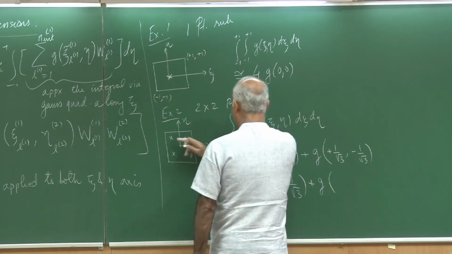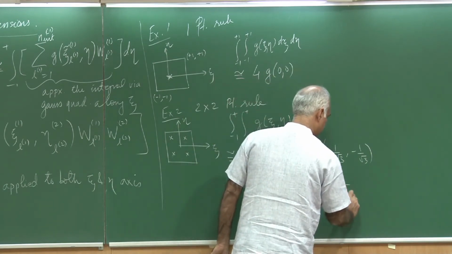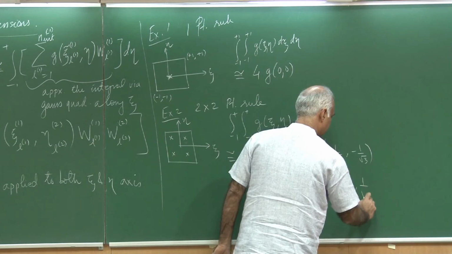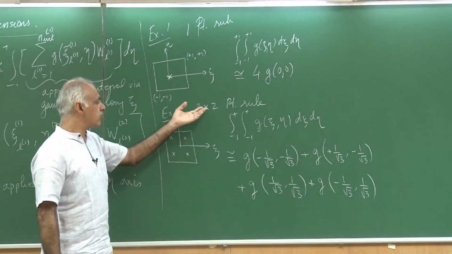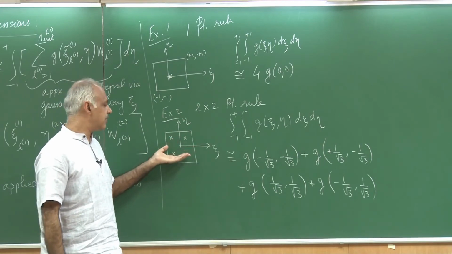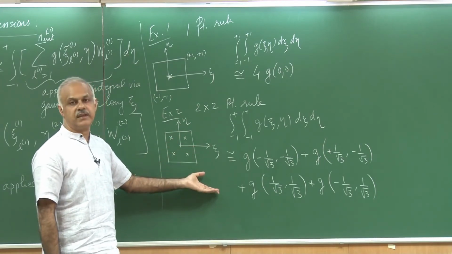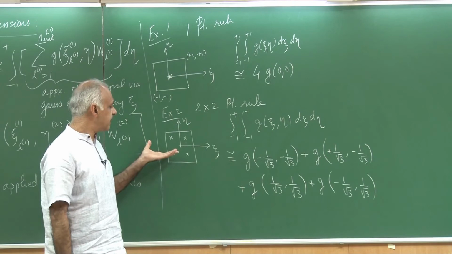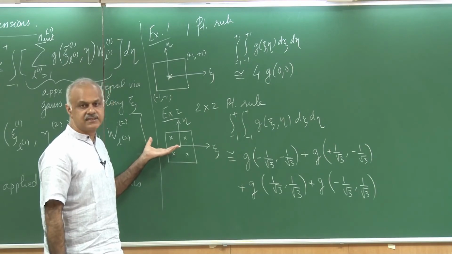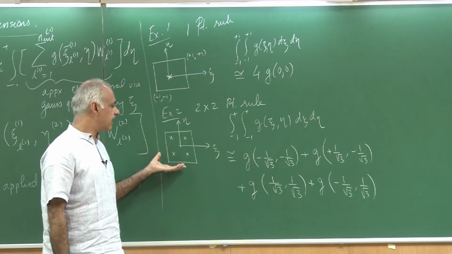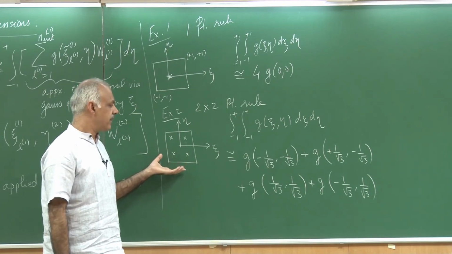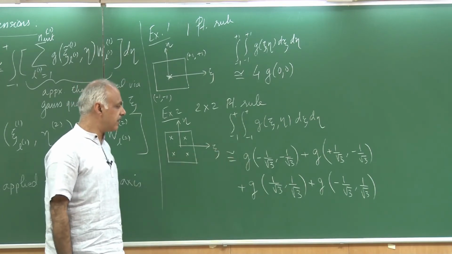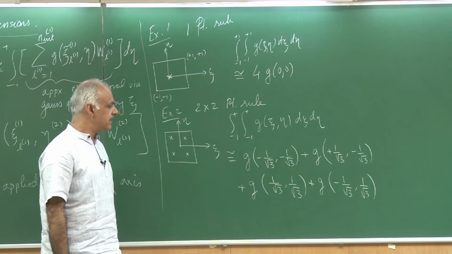And finally, the last quadrature point, which is minus 1 by root 3. So a 2-point rule in each direction would give me 4 points in 2 dimensions. And if I extended this rule to 3 dimensions, then obviously I would get 8-point quadrature. Okay? And those are the weights. In this case, the weight is 1.